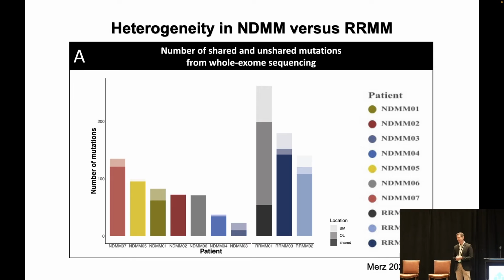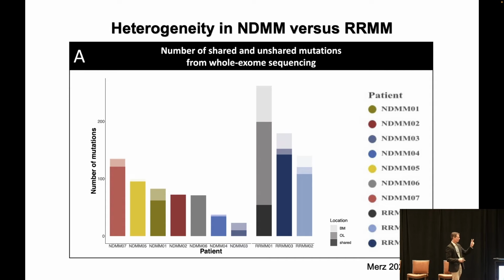Another interesting thing that fits what I talked about in the beginning is that when we looked at relapse, on the right side, the 3 patients, every bar is 1 patient. You can see the lighter area is where they have non-shared mutations, meaning they were not the same in both areas, and the darker part is always the shared ones.